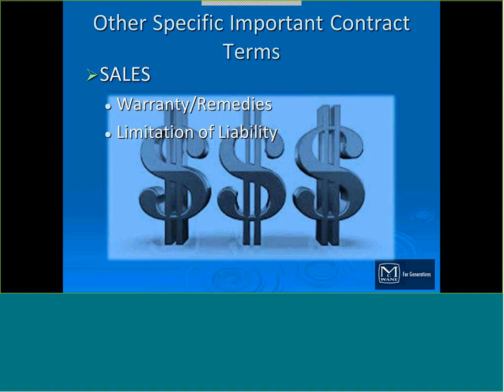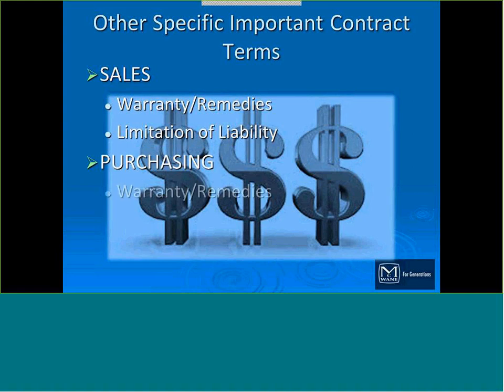So we want to try to waive those, and we can. And other parties will do the same when they're selling to us. So limitation of liability. And sometimes we also need to have an overall cap on what we would have to spend if something goes wrong in the contract.